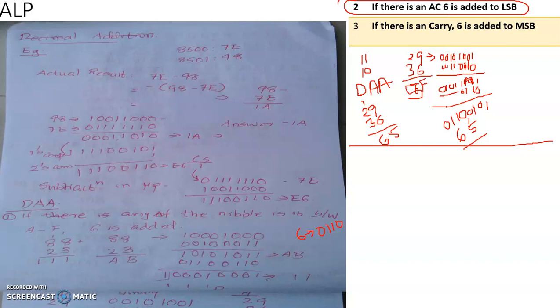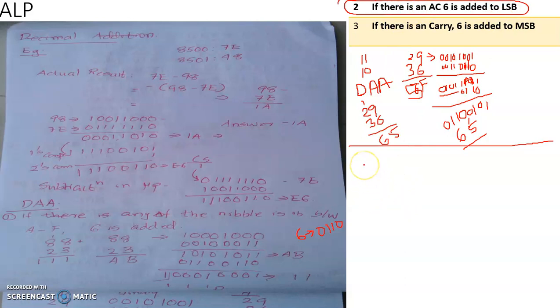Even if the nibbles are not purely hexadecimal, if there is an auxiliary carry, then 6 must be added to the LSB nibble, where we will not check whether this nibble is purely hexadecimal or not. Even if the LSB is not purely hexadecimal, however, if an auxiliary carry is generated while creating the LSB part of the result, then 6 must be added to the LSB part.